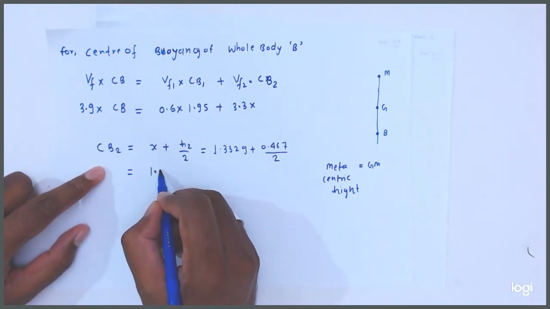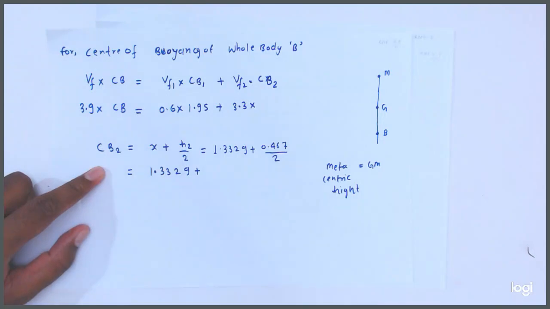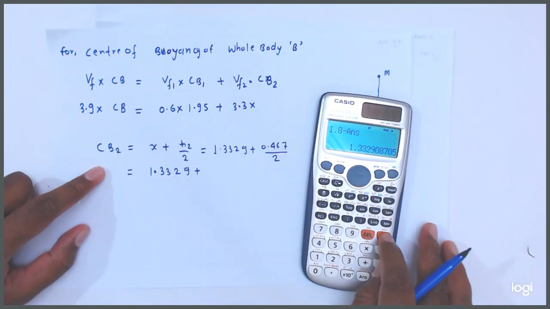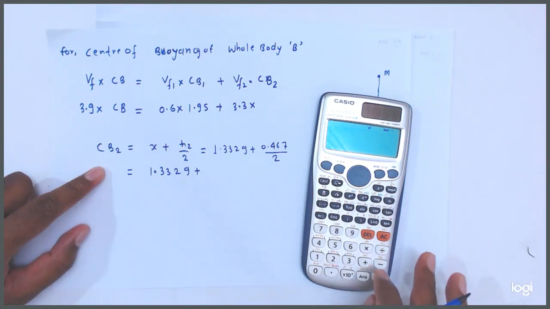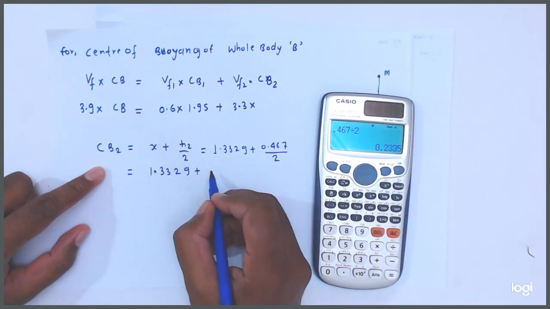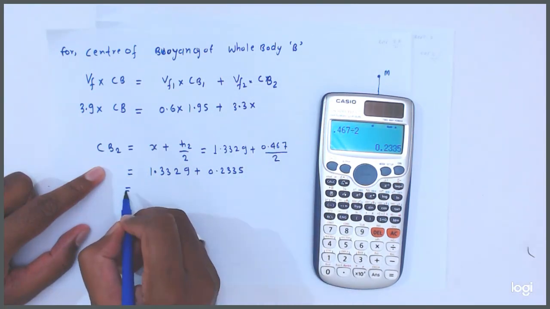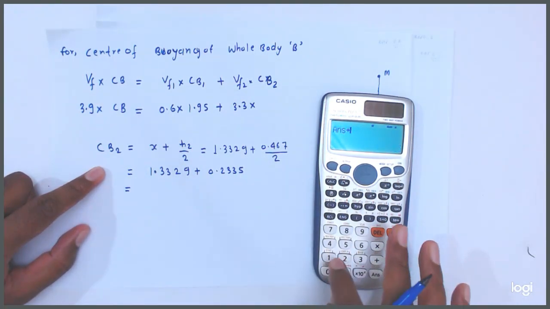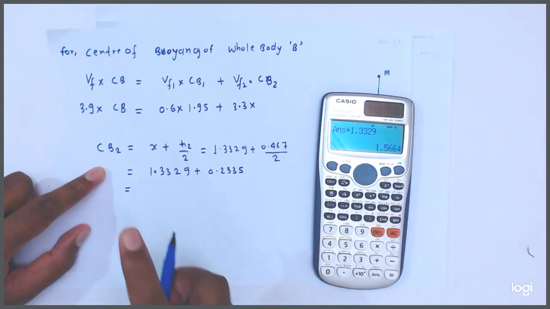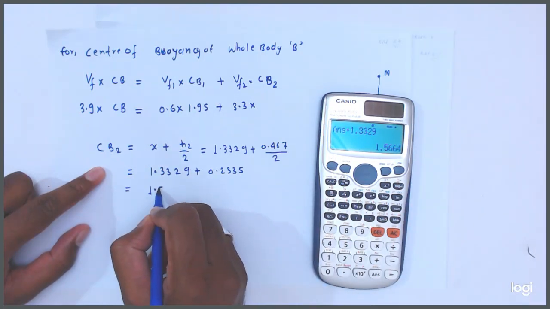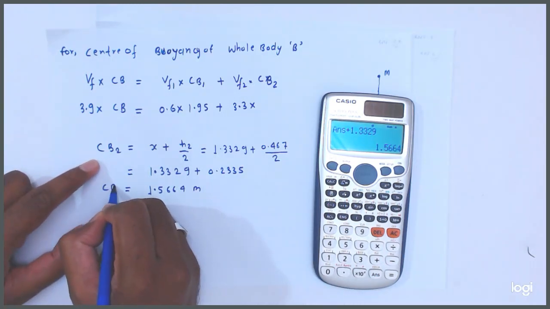So how much will it come, friends? 1.3329 plus 0.467 divided by 2, which is 0.2335. So total, 0.2335 plus 1.3329 comes to 1.5664 meter. This is the trick.